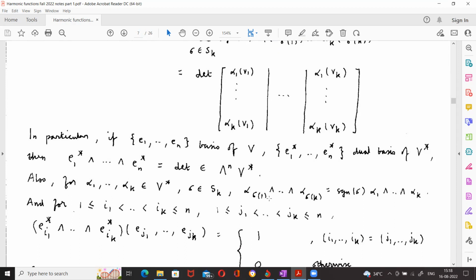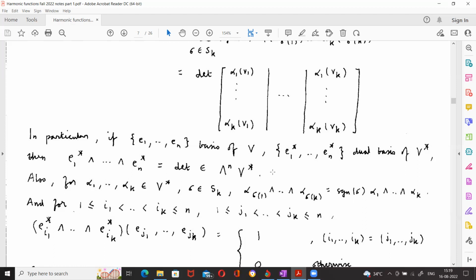If I permute the alpha i's in this wedge product, then the rows of this square matrix will get permuted, so the determinant will change by the sign of sigma.